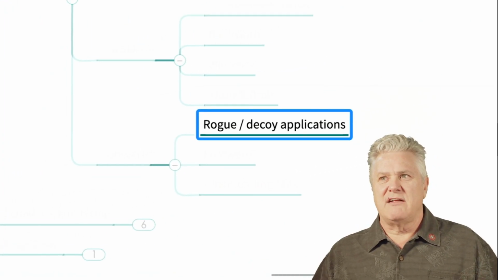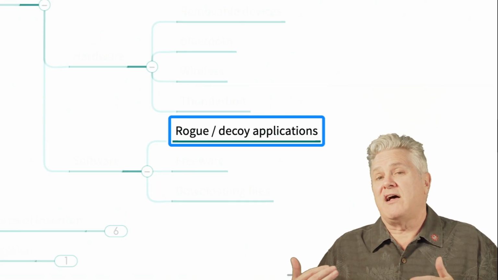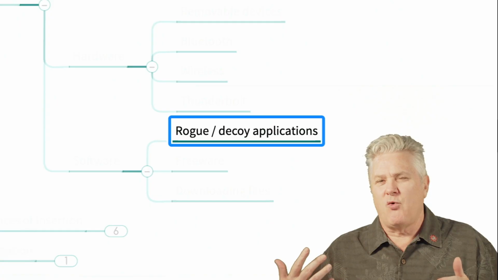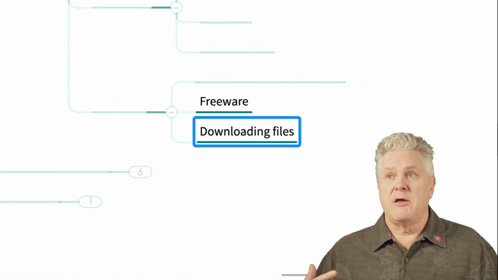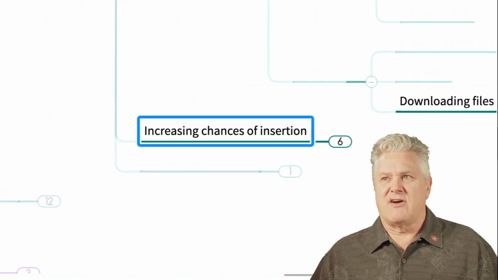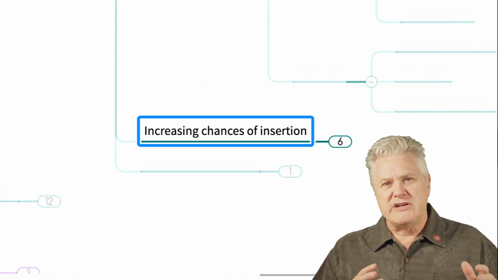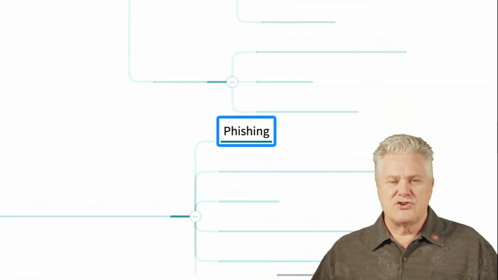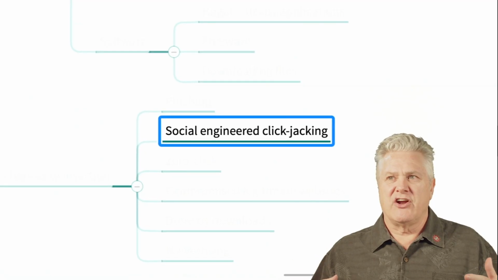On the software side of things, there are going to be rogue decoy applications. I'll go through the process of deploying a rogue decoy application. You'll see how that works. There might be freeware, and there might be just any kind of downloading of files that are out there. What adversaries want to do is increase the chances of insertion. So they'll use, again, social engineering through phishing, social engineering clickjacking.